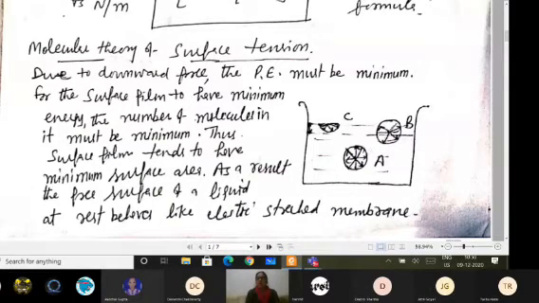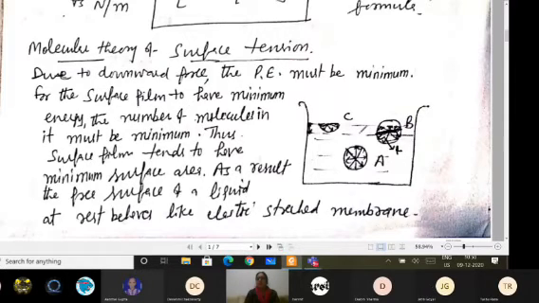Now if I'm talking about this molecule B, then if I take this as the molecular range and draw a sphere, you can see more than half the sphere is lying inside the water. So here if I draw, this is the diameter, then downward forces are more, because upward liquid is up to this, then the upward force.